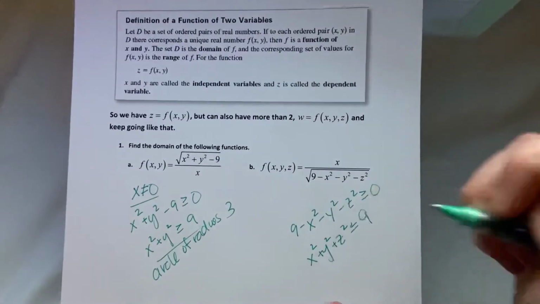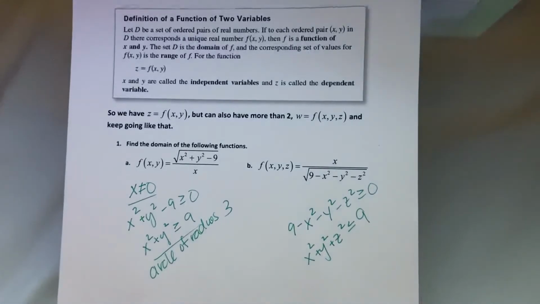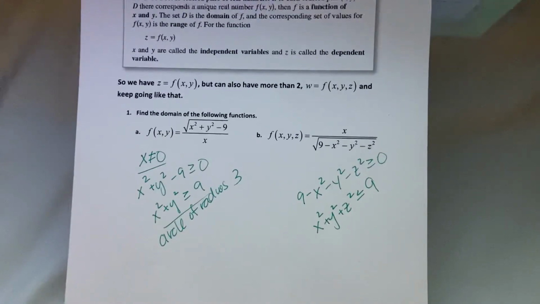It's kind of like an ellipsoid of sorts. Kind of like a football shape. But the point is, our restriction is all of those numbers added together have to be less than or equal to 9. It could be looked at as like a half sphere of some kind. I don't know. The shape is largely unimportant.